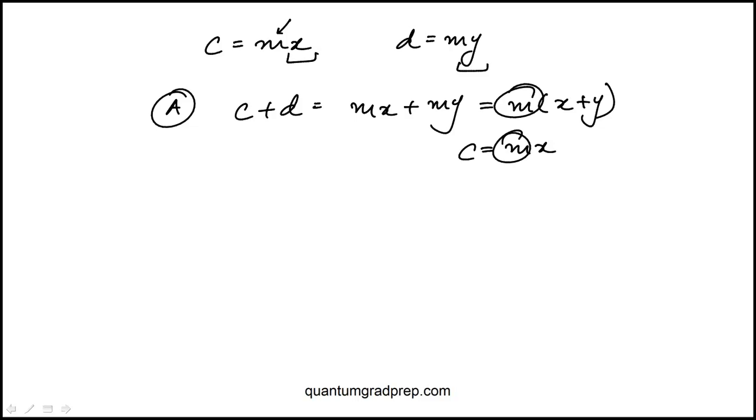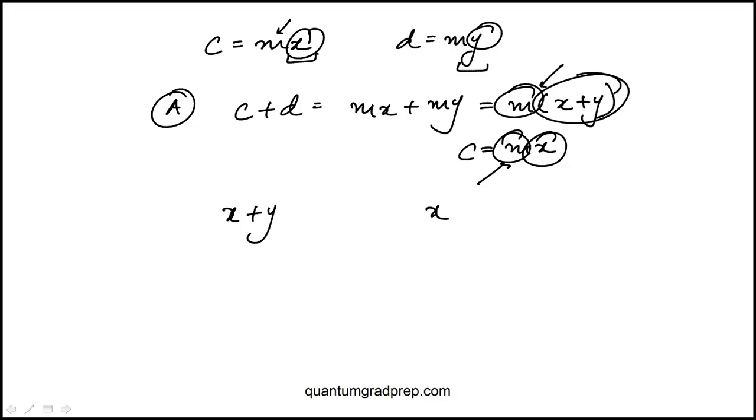The question is, is it the greatest common factor? Well, we do know m divides both of these, so it really rests on, what about x plus y and x? Do they have any other common factors? So now, we know x and y have no common primes. So here, actually the greatest common divisor of x and x plus y, if they have no common prime factors, is 1.